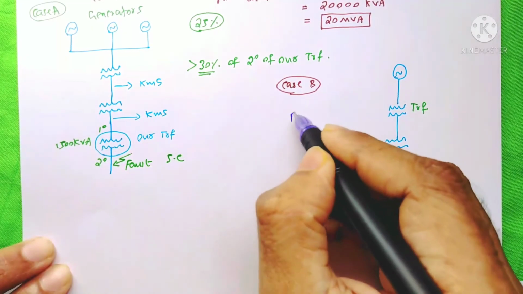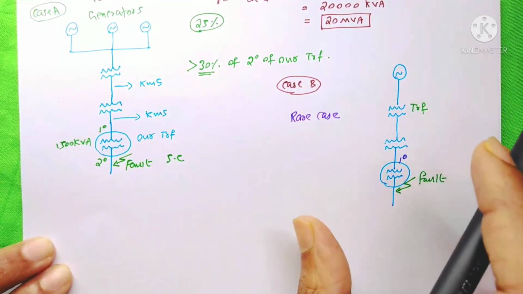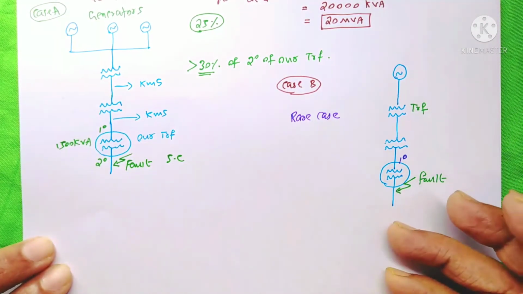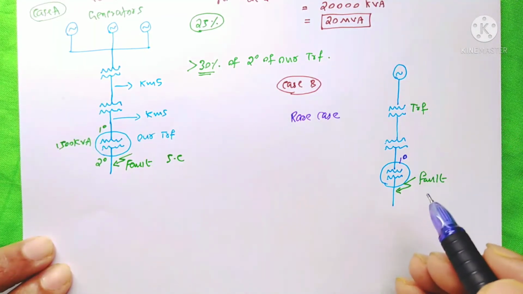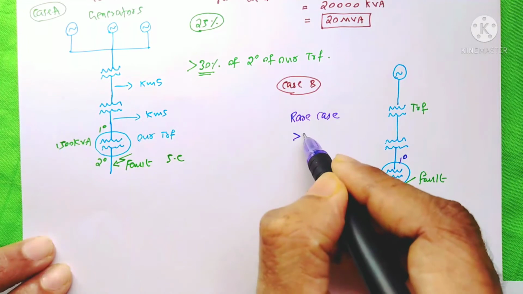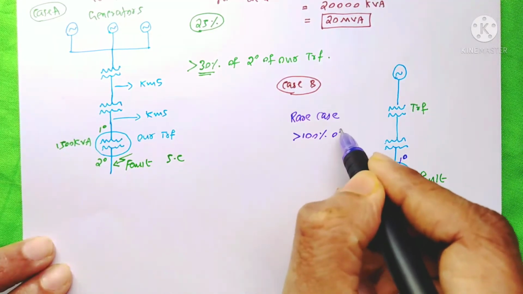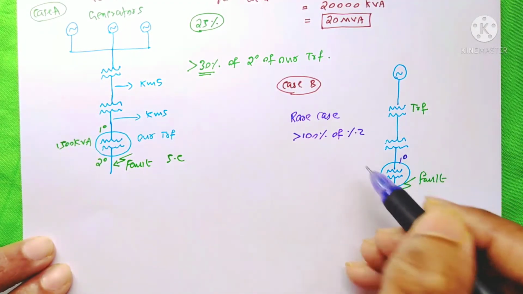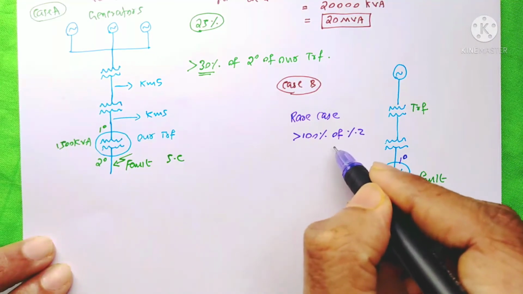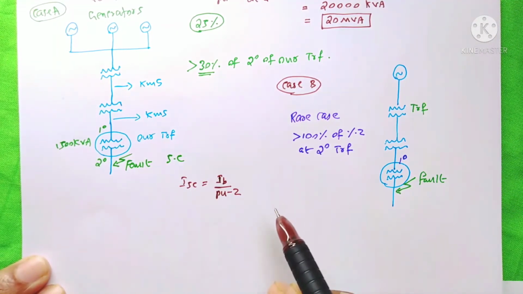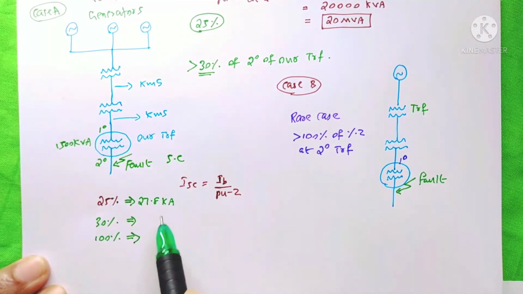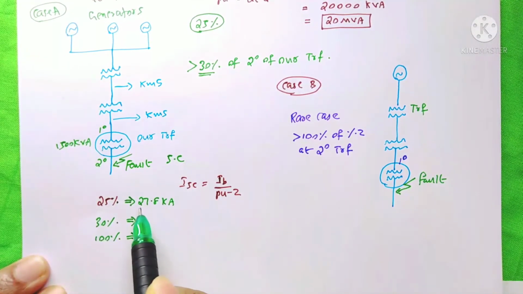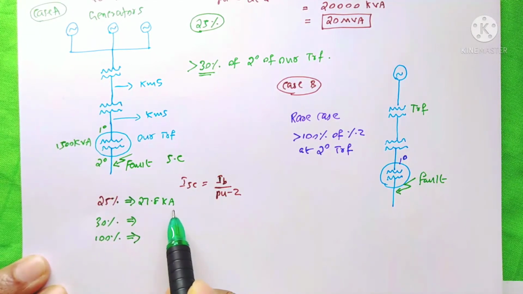It's a rare case. In any power plant, there might be more generators put in parallel. It will always be more than 100% of the percentage impedance of the secondary of our transformer. So on our system, we have taken 25% and we have got our short circuit current as 27.8 kiloamps.